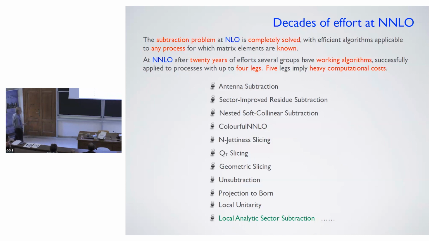Both with slicing and with subtraction and with innovative ideas, including treating Feynman diagrams directly with cuts and without cuts, which is really interesting. And the latest is local unitarity. And we wanted to call this local analytic subtraction from Torino so that the acronym would be LAST. So we are the last.